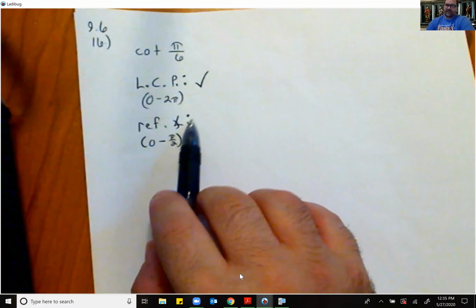Whatever the answer is in quadrant 1, it's the same answer out here. You just got to check the sign. So is pi over 6 between here? Absolutely. So this angle actually is the reference angle as well. That makes things a whole heck of a lot easier for us. If it wasn't the reference angle, then you would have to look at your chart.